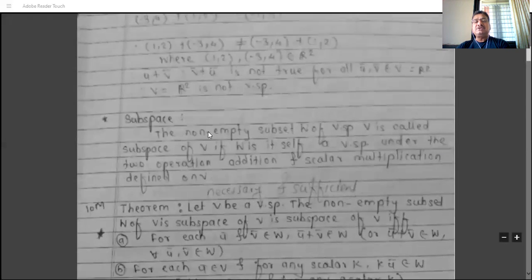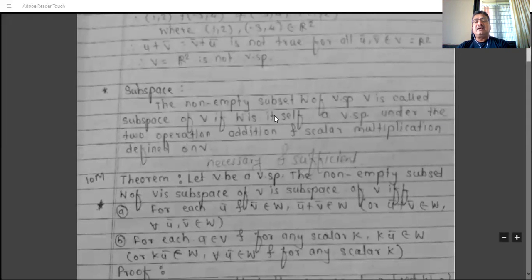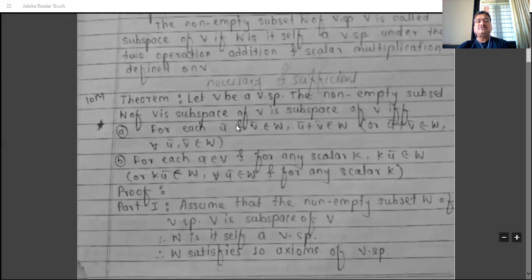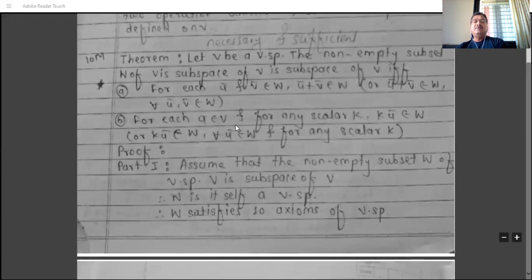So the definition says that if W is itself a vector space, that is, W satisfies 10 conditions, then W is a subspace. But this theorem says that W is a subspace of vector space V if W satisfies these two properties. As far as examples of subspaces are concerned, this theorem is important.